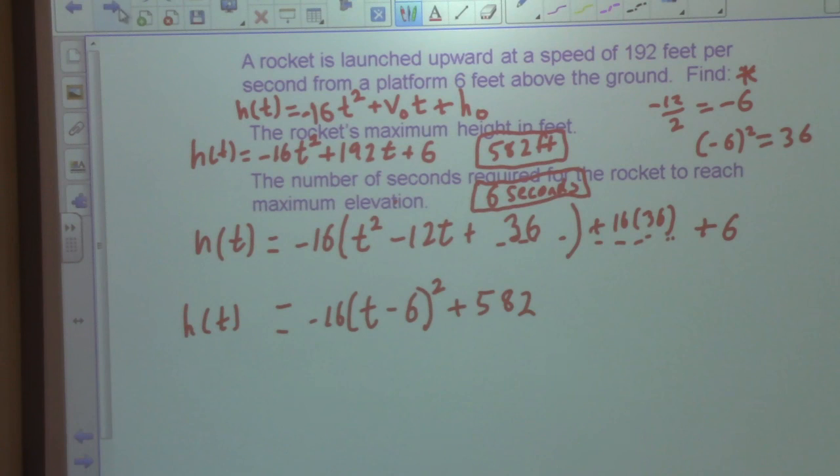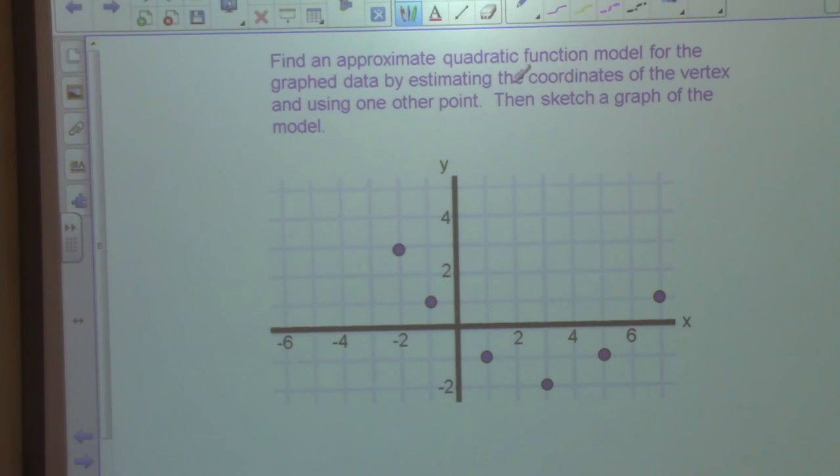Okay, the last thing I want us to look at today is this one right here. Find an approximate quadratic function model for the graph data by estimating the coordinates of the vertex and using one other point. What would you estimate as a vertex here? 3, -2.